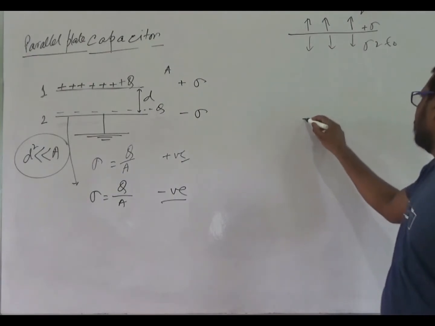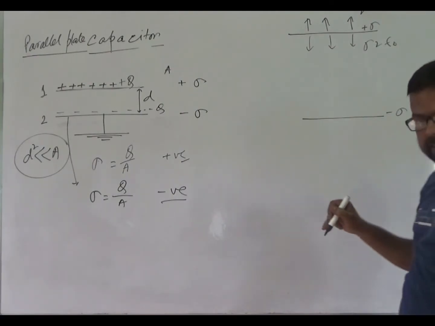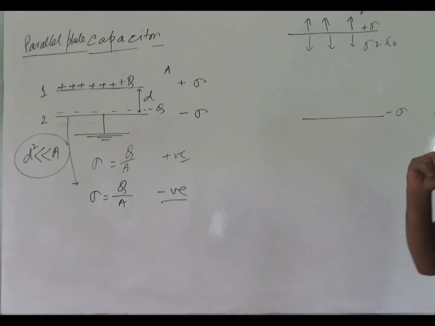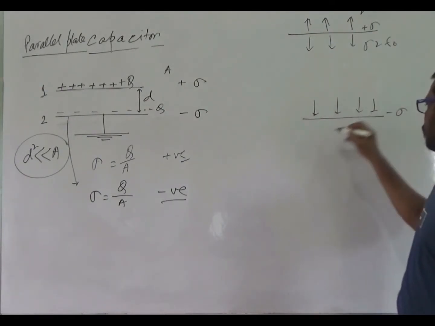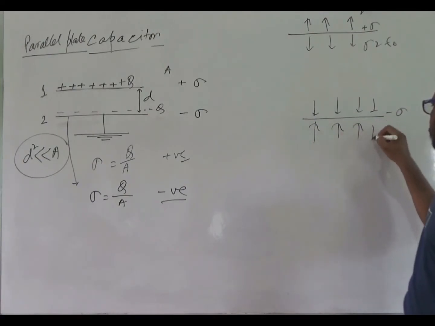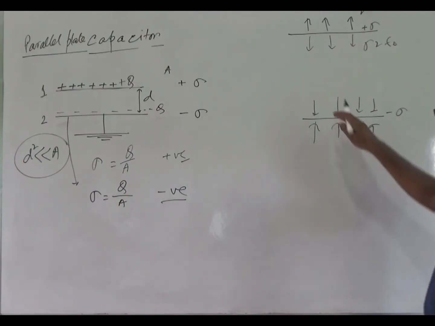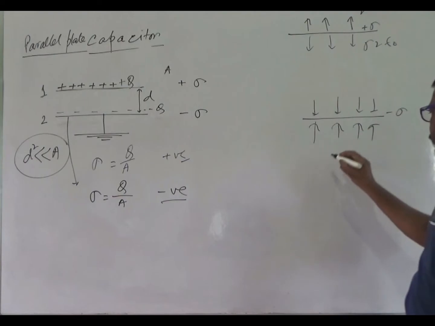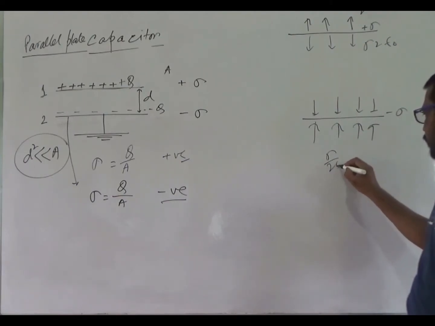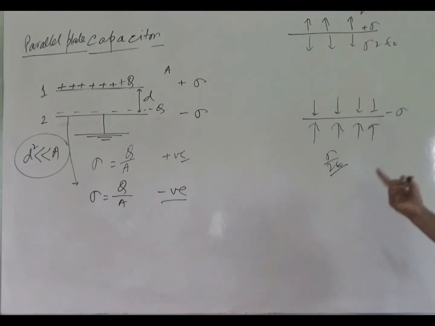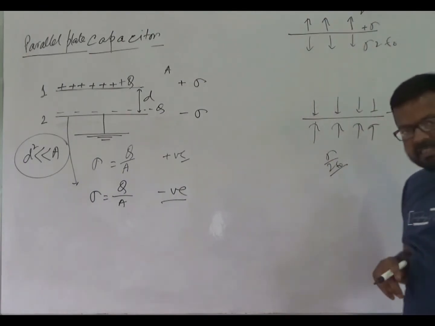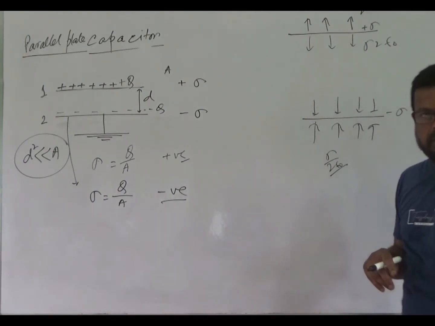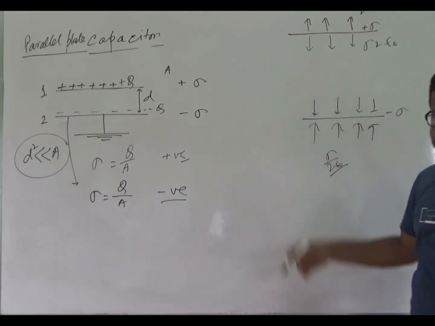And if there is a plate with minus sigma charge, then also there is a field, and this field will be equal to sigma by 2 epsilon 0, pointing towards the plate, and for the plus sigma charge distribution, the field will be away from the plate.